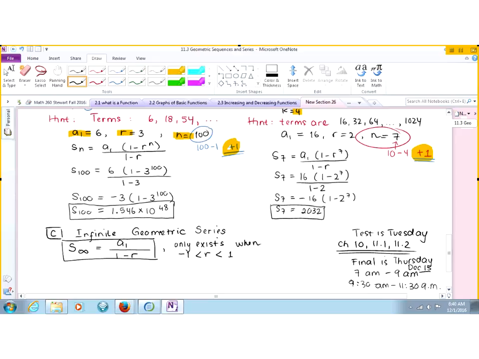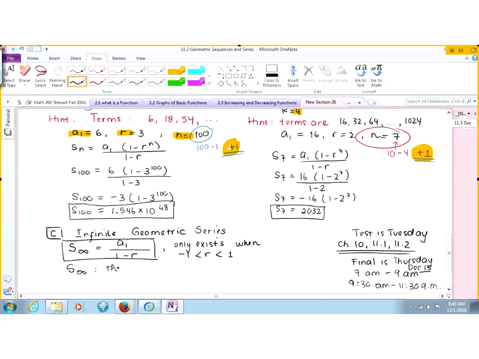Otherwise, the series diverges. So it only converges when R is between -1 and 1.